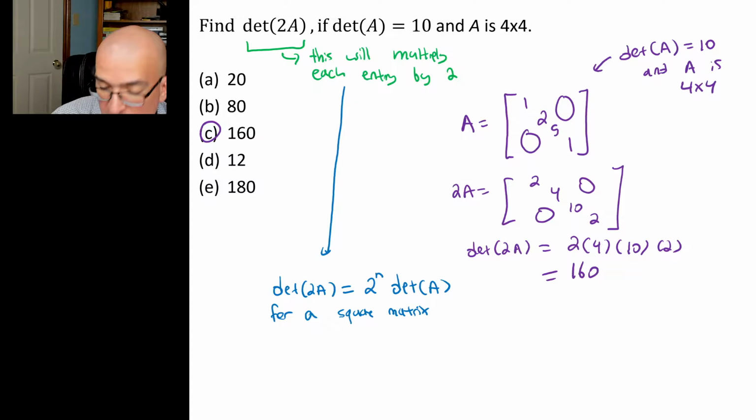You can't take a determinant of a non-square matrix, so it isn't necessary to say this, but I'll say it anyway. For a square matrix of order n, and that means n rows and n columns.